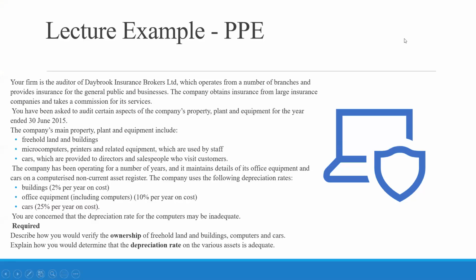So in this audit, how would you verify the ownership of building, land, computer, and cars? Also, in terms of their depreciation rate, would you think they are reasonable? I think that would be very simple for most of you, right?